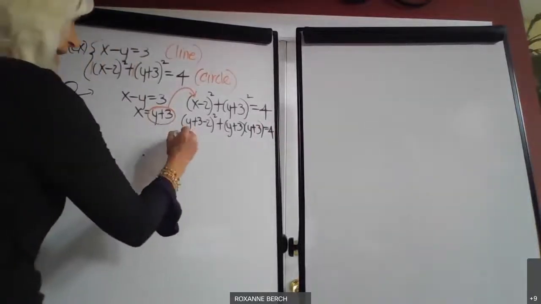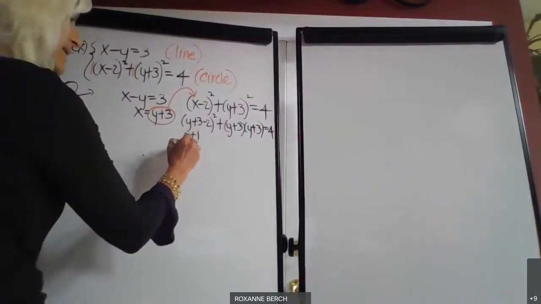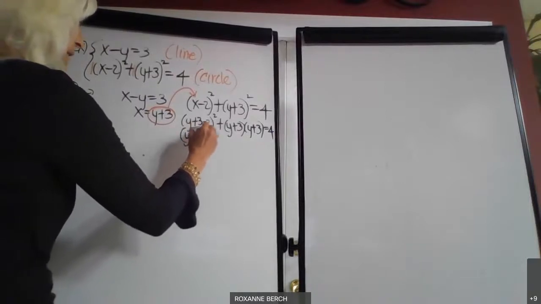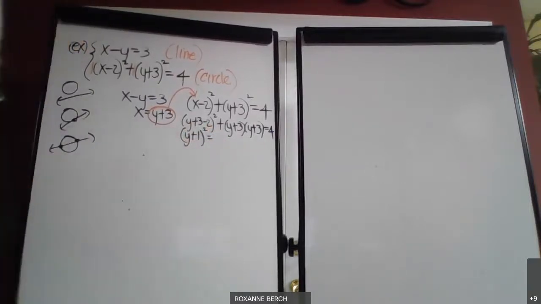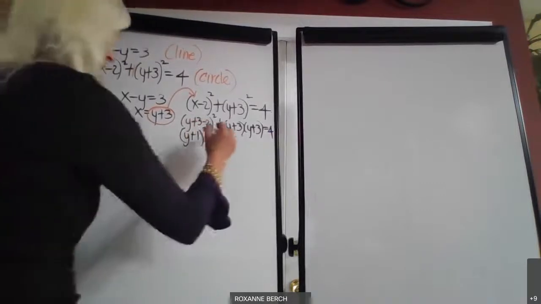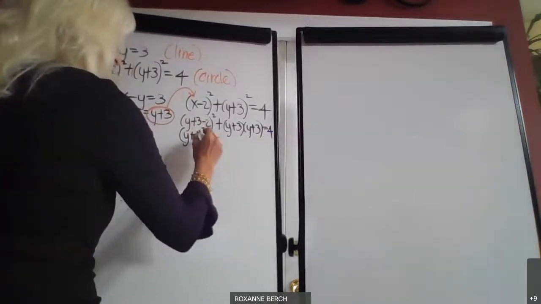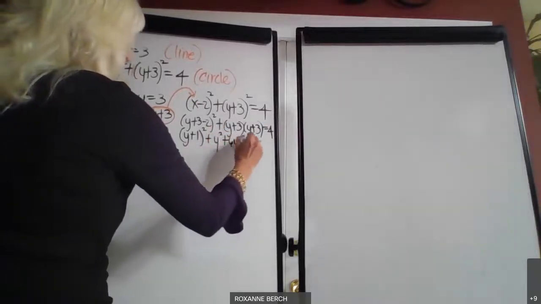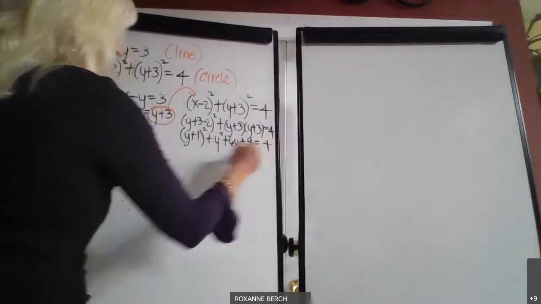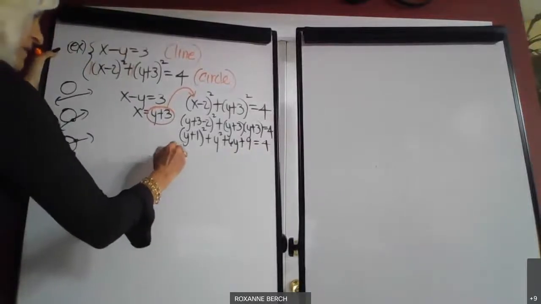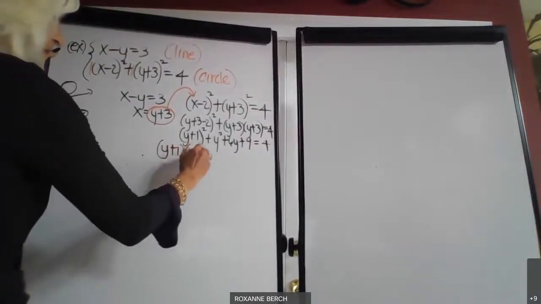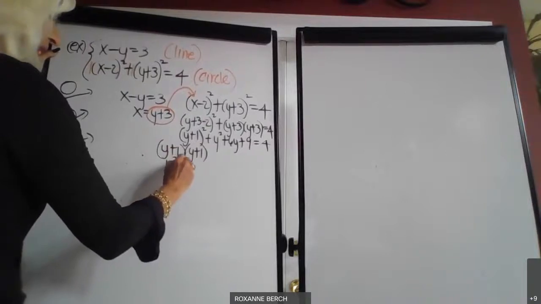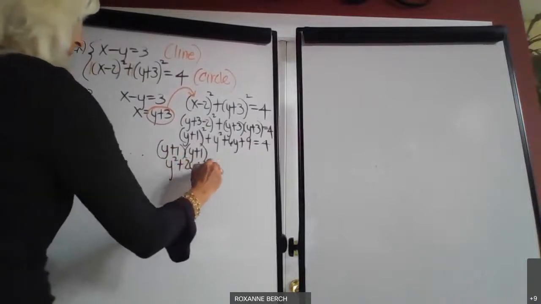So this is going to be y plus 1 quantity squared, and you're going to have to FOIL that. This is going to be first, outer, inner, last. FOIL. First, outer, inner, last.